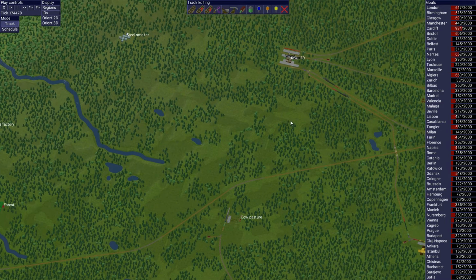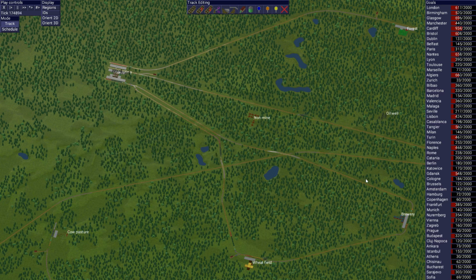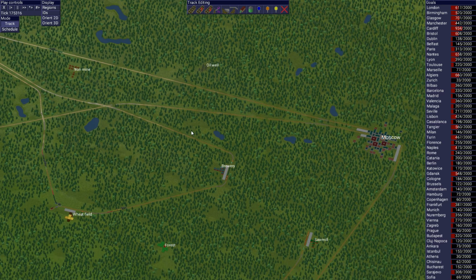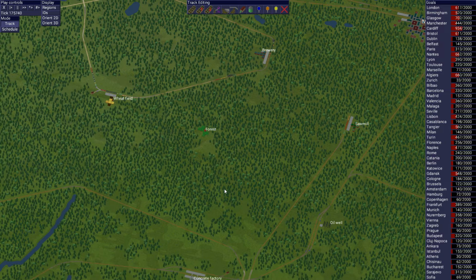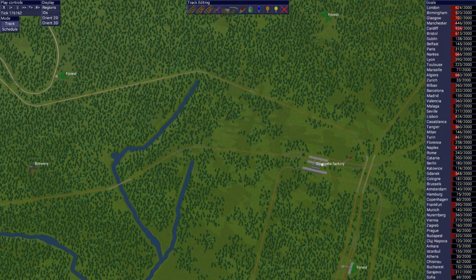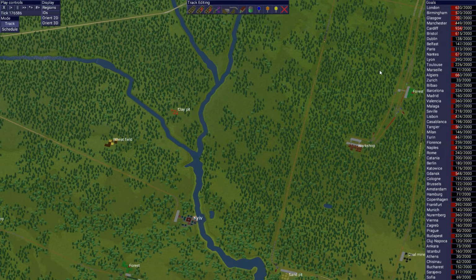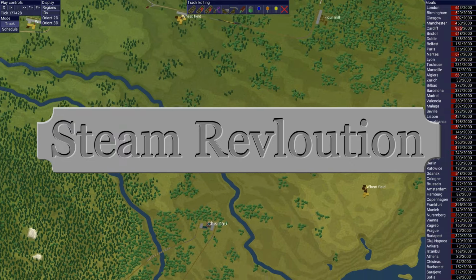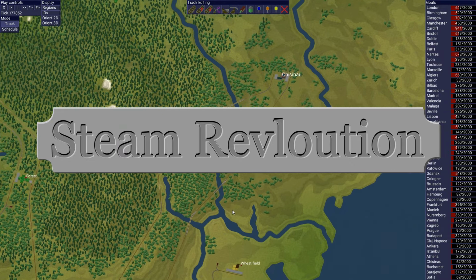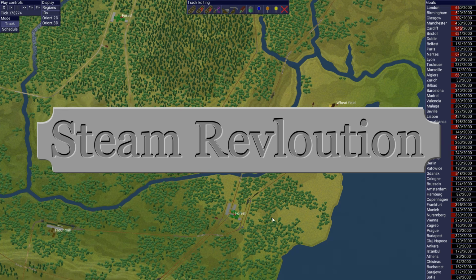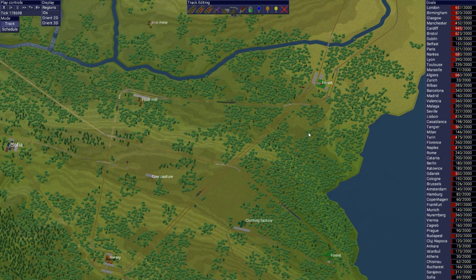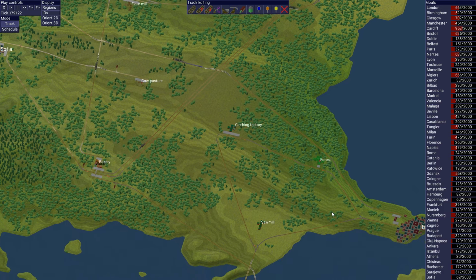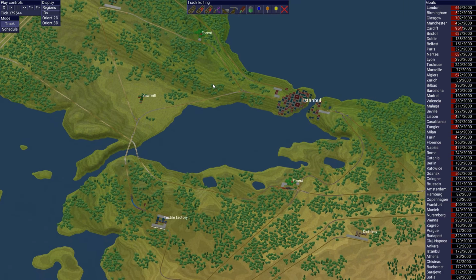Okay, welcome back. But before getting into nitty-gritty implementation details, it's probably a good idea to give an overview of what the game even is. You know, just in case you didn't actually watch those videos I mentioned. Steam Revolution is a game about building train routes to transport materials and goods between industries and cities. The goal is to deliver a set number of goods in a level as quickly and efficiently as possible.